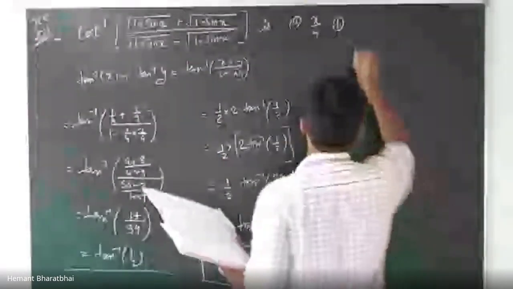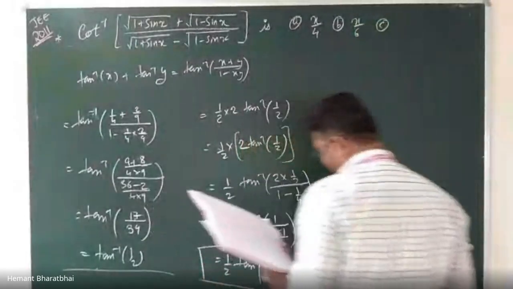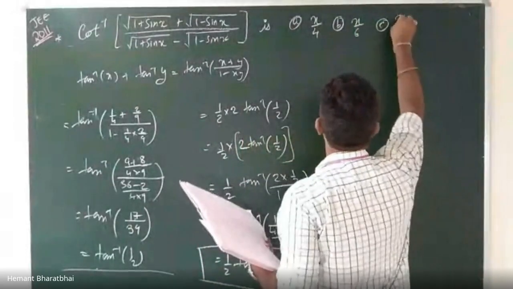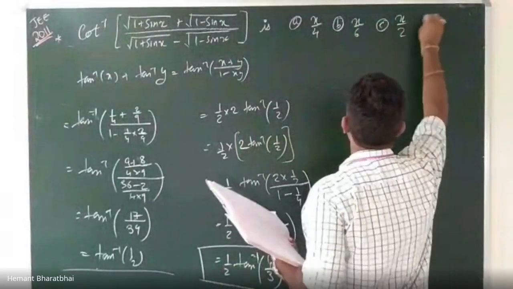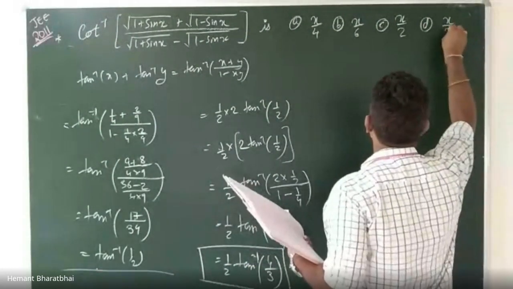Option number B, x by 6. Option number C, x by 2. And option number D, x by 3.